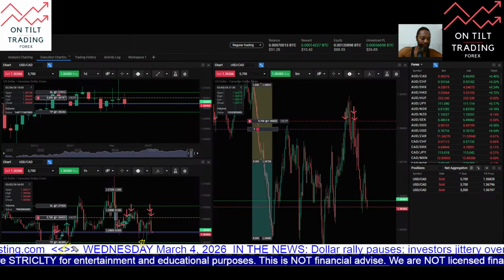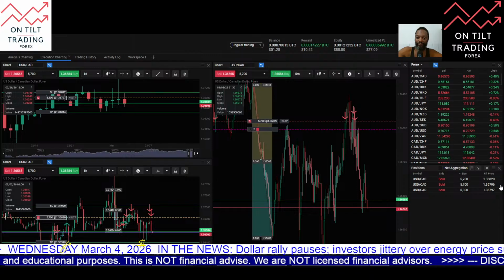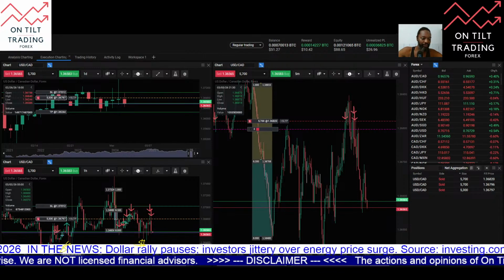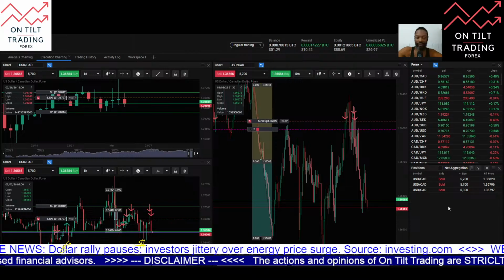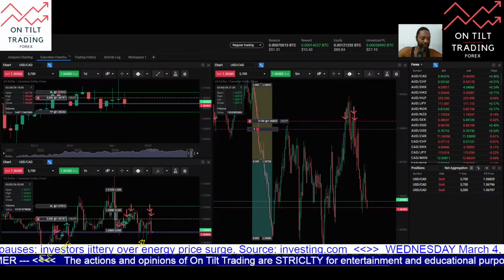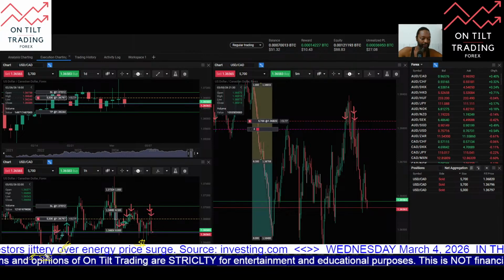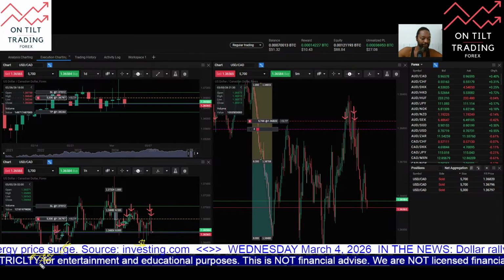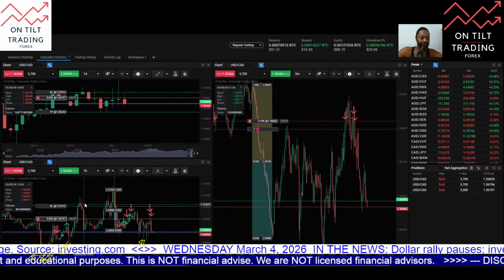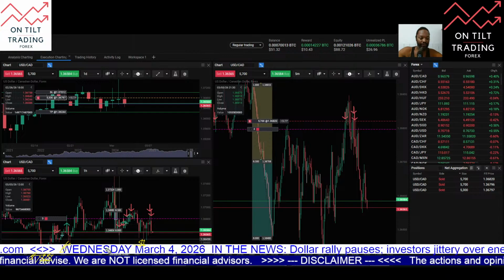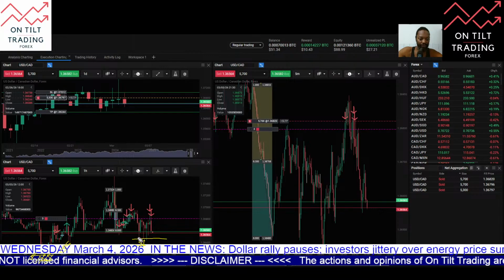And then that weekly liquidity pool, you can see these relatively equal lows resting down here. So you can see the first area of liquidity here with these relatively equal lows.